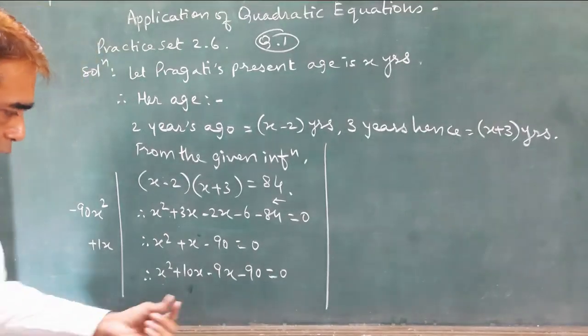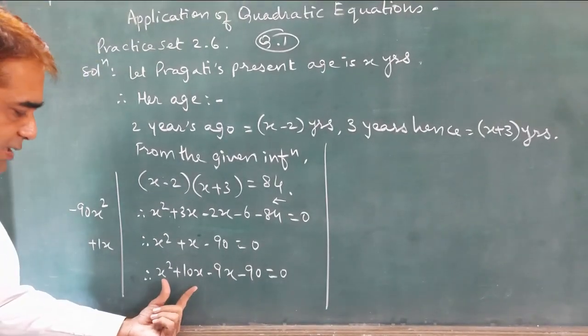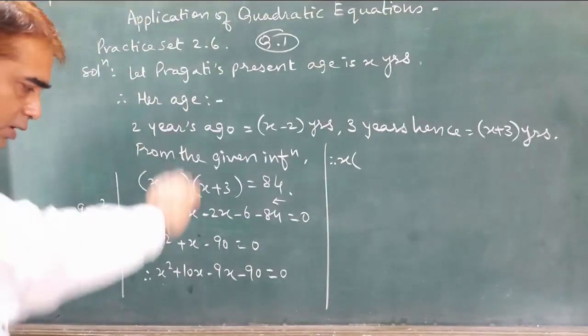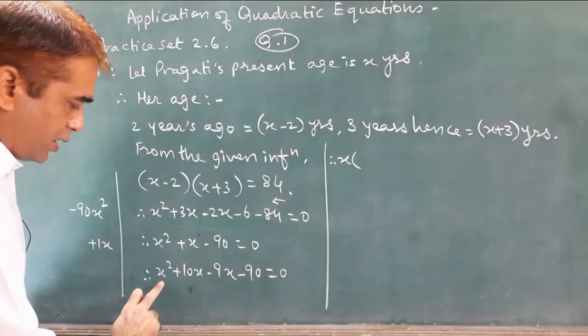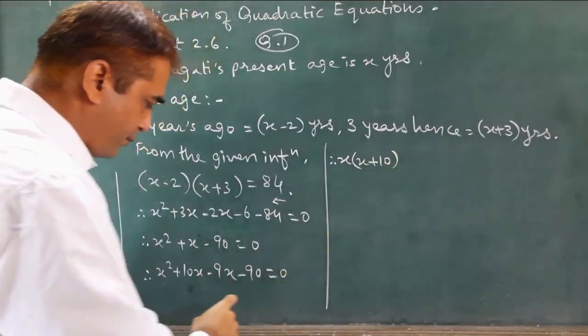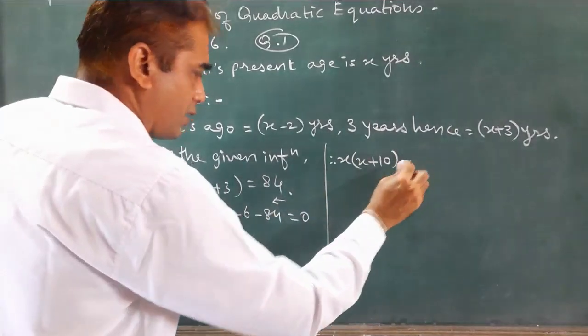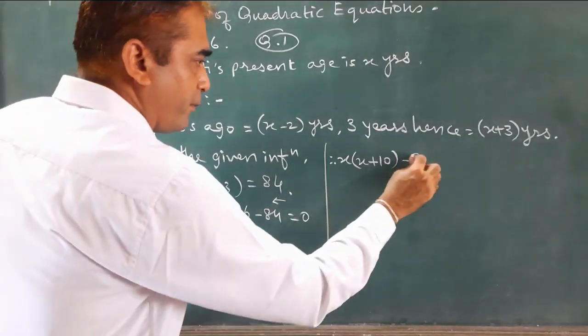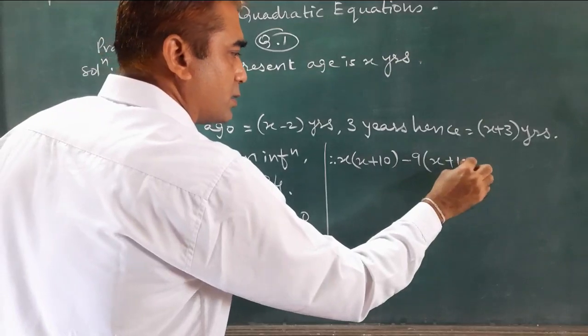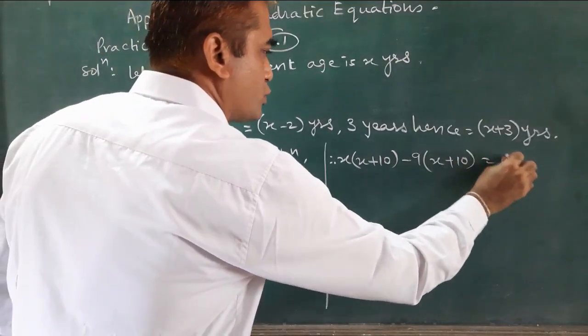Now here the common factor is x. Therefore x in the bracket x plus 10, and the minus sign and the common factor is 9. In the bracket again x plus 10 equals 0.